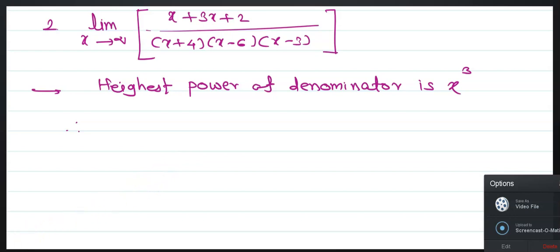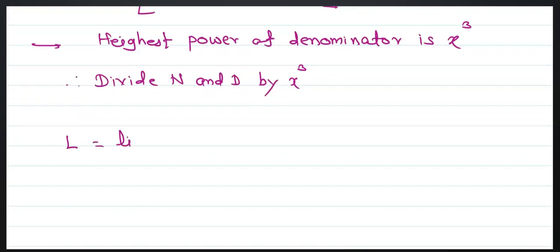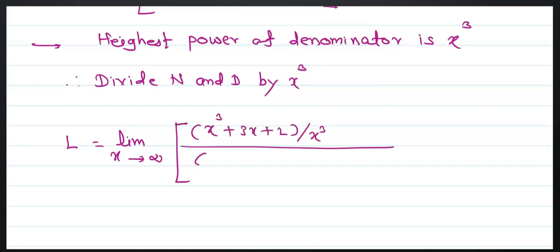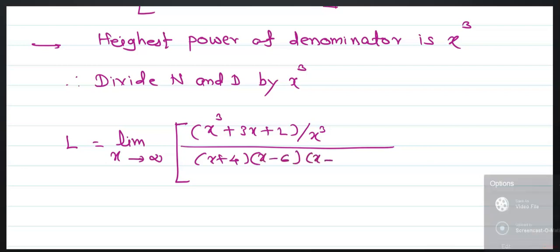Now when we divide in this manner, that is divide n and d by x cube, the numerator is x cube plus 3x square plus 2 upon x cube, and the denominator is also (x plus 4) into (x minus 6) into (x minus 3), divided by x cube.